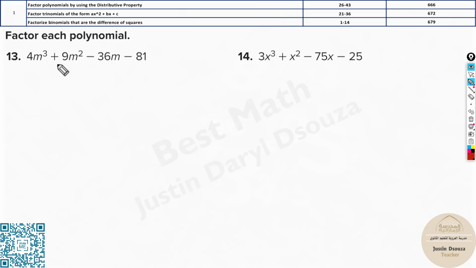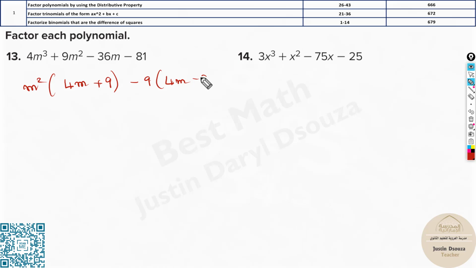Now here, it's 4 and 9. I'm sure I can't have any common factors. But what I can do is remove m squared. M squared is outside. And then what is remaining? It's 4m plus 9 minus over here. What is common? It's 9, isn't it? 9 4 times and 9 9 times. Yes. So minus 9 is removed outside.